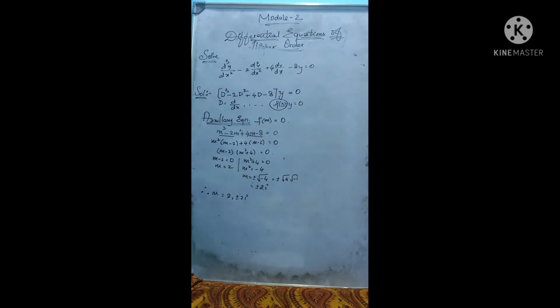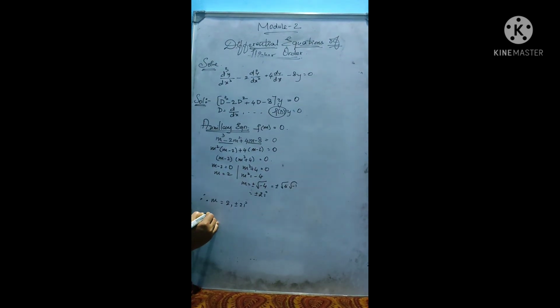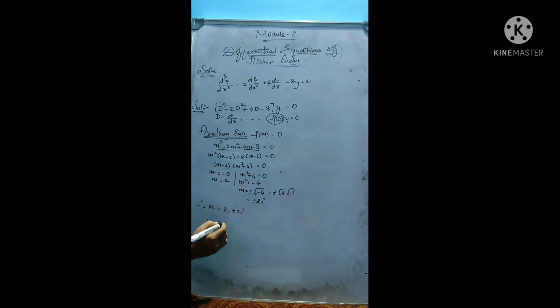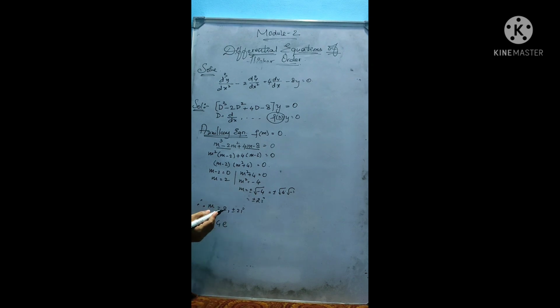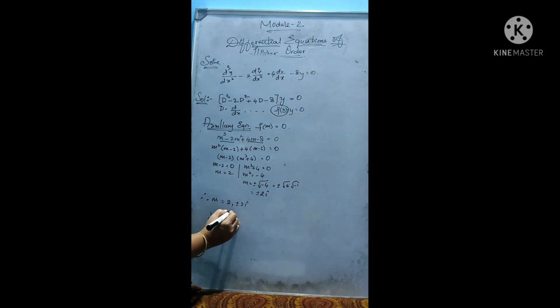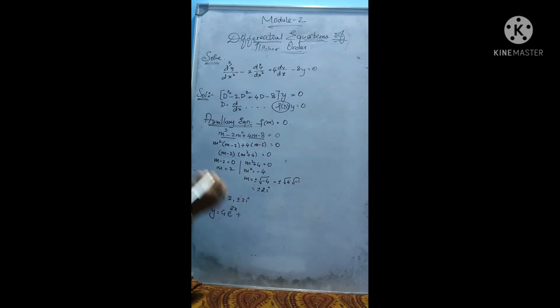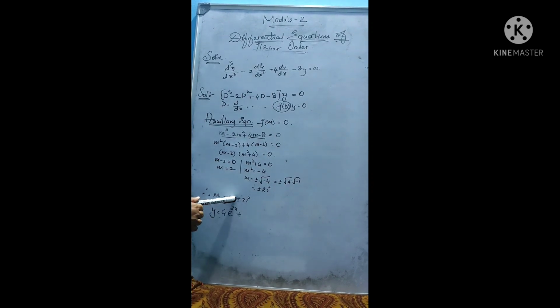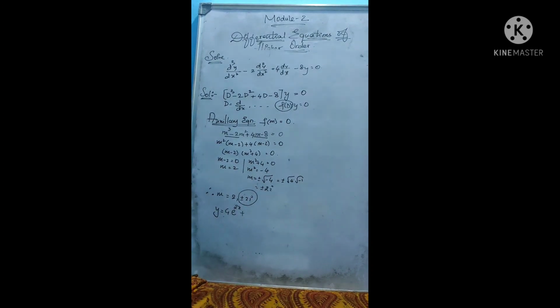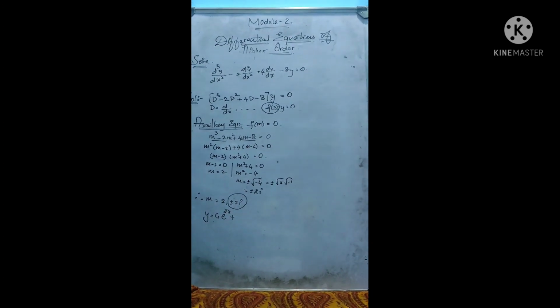How do you get the complementary function? Therefore, y is equal to, as I just explained, the unique part. That is, this one should go as a coefficient of x in the exponential form. C1 e to the power 2x plus, and in this complex term we don't have the real part, so you don't have to write the exponential term in that.